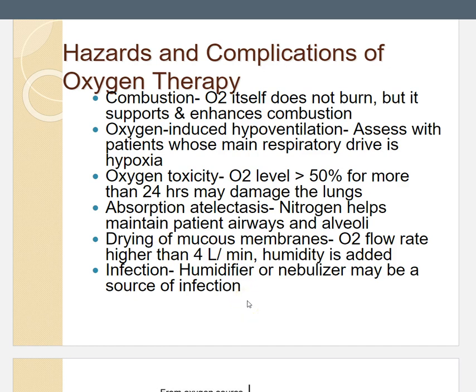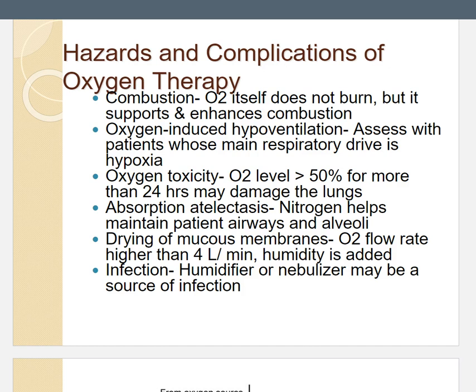Humidifiers can be good for our patients, or nebulizers, but they can also be a source of infection. So just be aware of the policy in your hospital, and you can ask Respiratory, are they responsible to change it? They're usually very, very good about this. So maybe the policy in some areas is every 24 hours, okay?